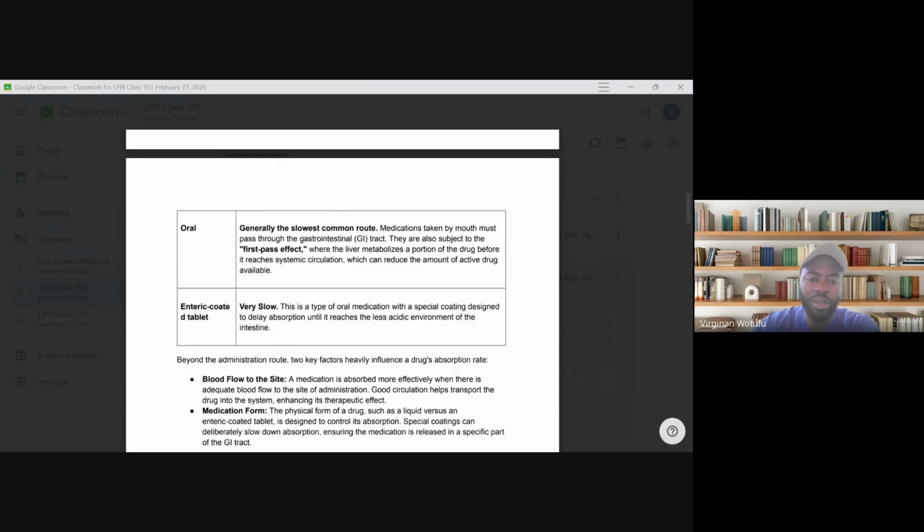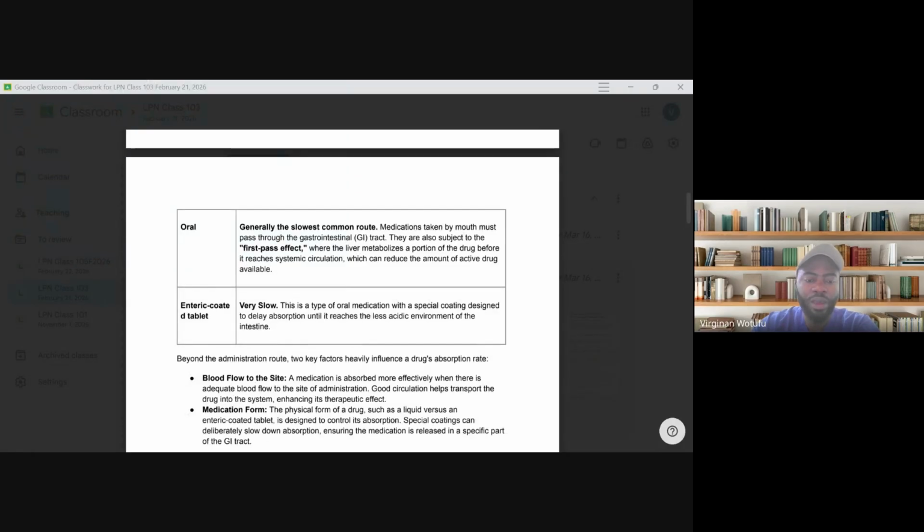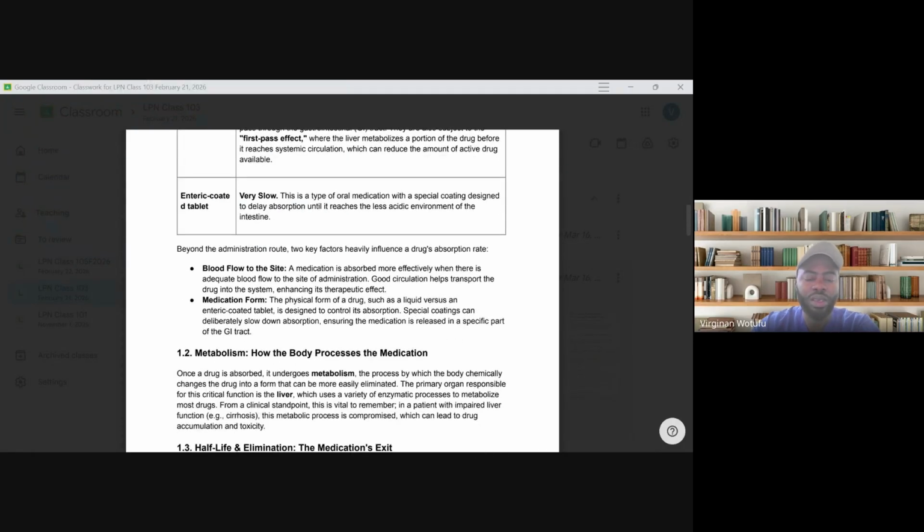And we all know it's often said you should never crush an enteric coated medication during administration, or a capsule as well. Are we following?